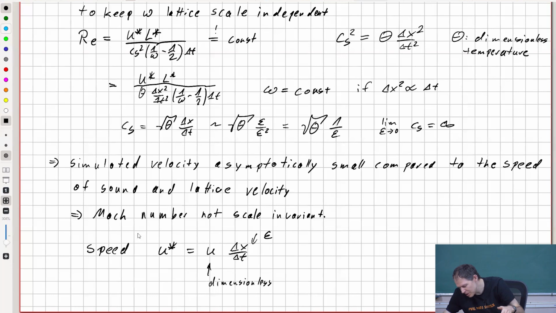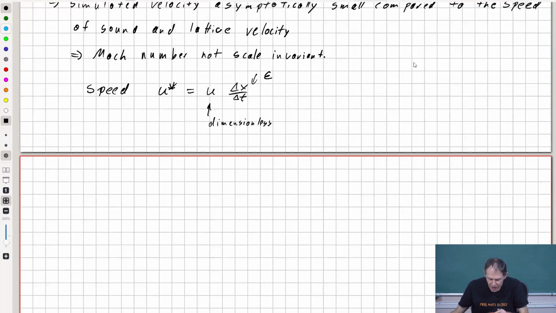So maybe I'll briefly recharge. So what does this mean for our... The U that comes out of our simulation will now be written like this.